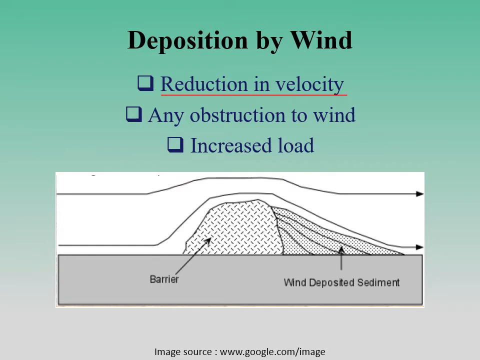The second cause by which deposition from wind can occur is any kind of obstruction to wind. Now whenever wind blows in some particular direction, it was found that most portions of the wind flow by turbulent flow.